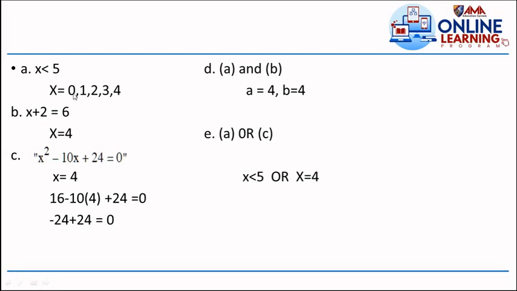Dahil you can have either 0, 1, 2, 3, and 4. If we're going to substitute that dito, hindi po sila pwedeng maging true lahat. So your statement A is false, your statement C is true. Kaya meron tayong or statement po dito.